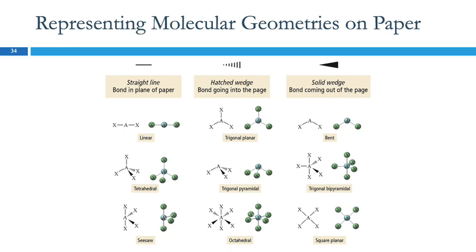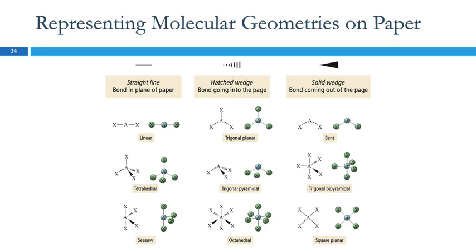We need to be able to communicate when we're drawing molecules that they are not flat. And so we typically use just a line to mean that this is in the plane of the screen. And a hatched wedge means it's going behind. It's like a dotted line, right? You can't see it because the screen's in the way, so it's dotted.